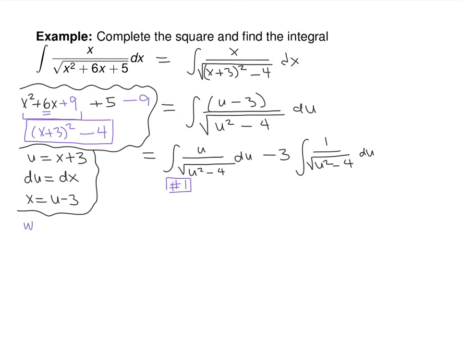So I can let w equal u squared minus 4. dw is 2u du. So half dw is u du.